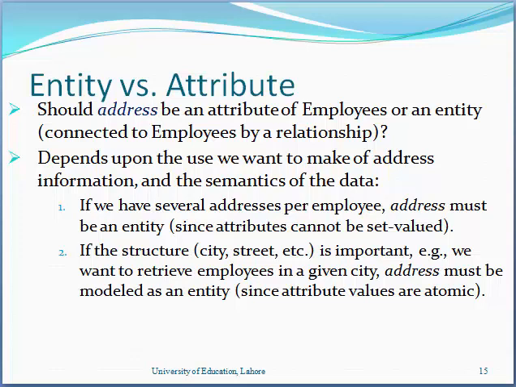Another attribute type: stored attribute. A stored attribute is one that is stored in a database. And derived attributes are attributes that are not stored in the database but derived from another value. The other value can be stored in the database or obtained in some other way.